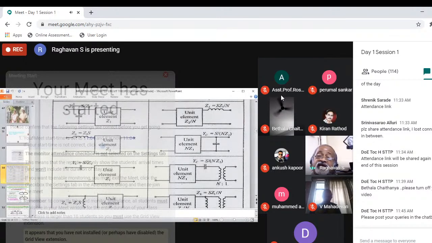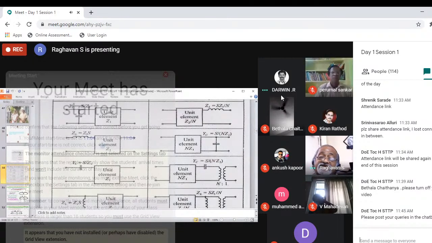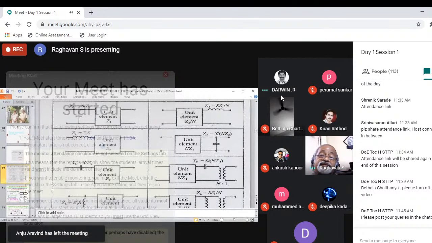Each transmission line configuration, some are good for series alone, some for parallel, some for both. So we have this theory, the Kuroda transformation, which converts series into parallel and parallel into series. Once you do the computation analysis, you can make use of this theory and easily convert all series into parallel or all parallel into series.